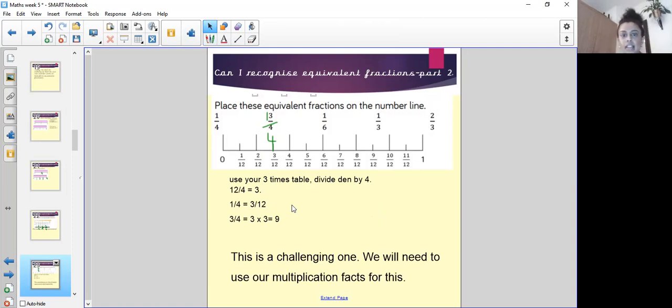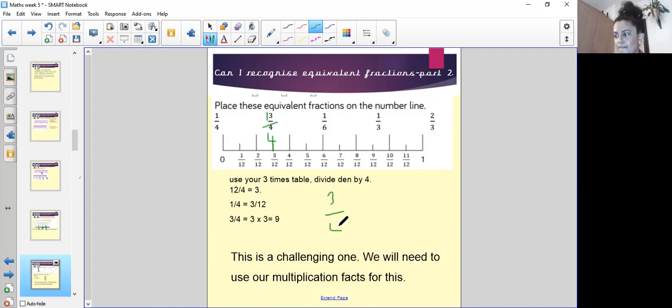Let's have a look at 3/4. So 3/4 over here, I'm going to draw it out again. So 3/4 is also the same as 9/12.